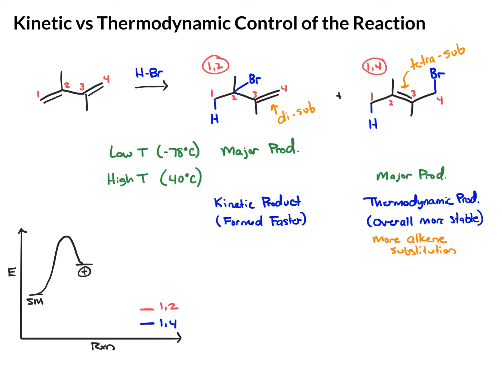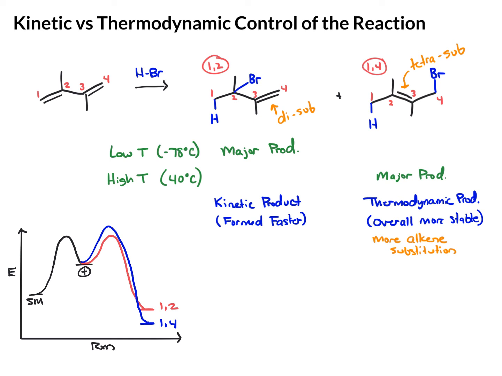So now we want to go over a transition state to get to each of these products. The 1,2 is formed faster. That means the transition state is easier to traverse, so it's going to be lower. So let's just draw it right here. The 1,4 product is going to be a bit harder to traverse, so we would expect its transition state to be a bit higher. But eventually, we'll overcome that and get to the product.